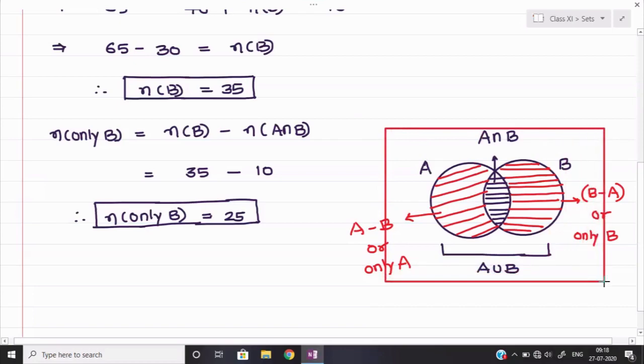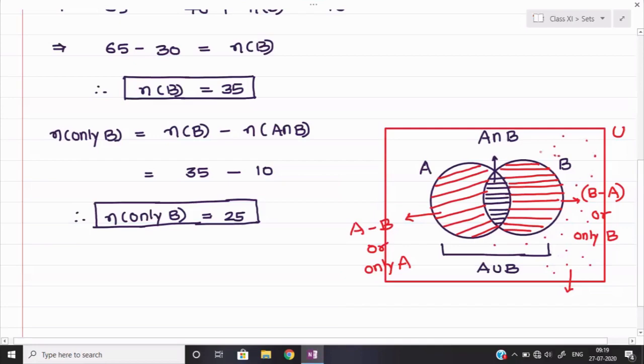If I take one universal set over here, the elements are coming apart from the sets A and B. The elements inside A and B may be part of only A, only B, or A intersection B, or overall all the elements will be part of A union B. But remember, suppose I put some dots over here to make it clear, this region I am talking about.